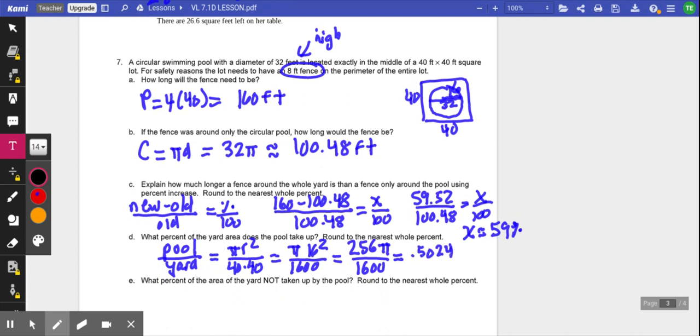It said to the nearest percent. So that is about 50%. What percent of the yard is not taken up by the pool? Well, if 50% is taken up by the pool, then we have to subtract from 100. That means that 50% is not taken up by the pool.